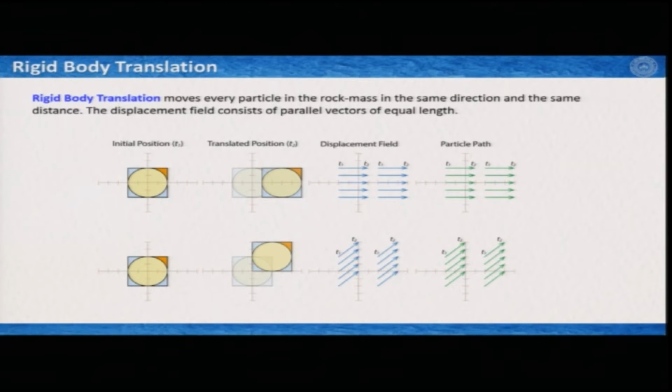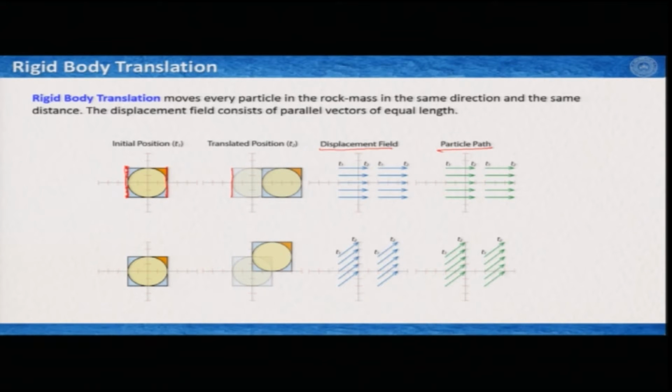Now, what I have done in the next 2 columns, the first one is the displacement field and the second one is the particle path. I have considered these 2 sides of this form, and then due to translation I have taken some points here and looked at how these points moved with respect to the reference frame.